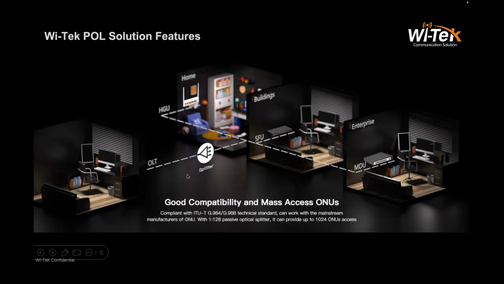You can use a splitter to split more fiber, then connect different HGU, SFU, MDU. The MDU is our model. You can also choose others, like HGU wireless GPON ONU from Huawei, ZTE, FiberHome, Nokia, different brands. We can work together.